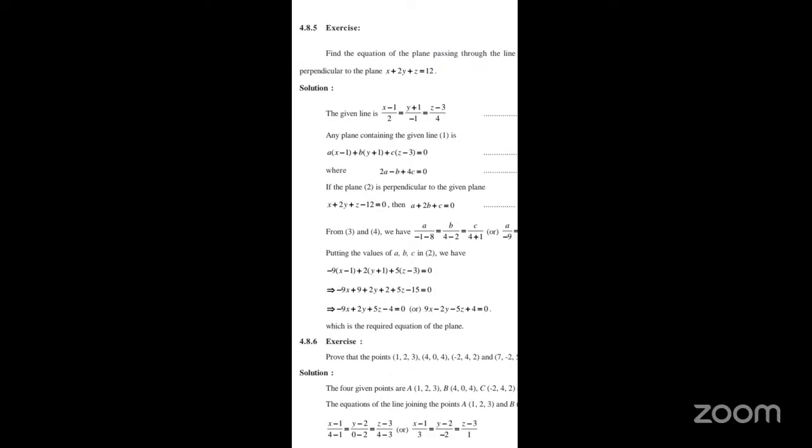And the last one, as an essay question, 4.8.5: a line is perpendicular to the plane. One of the important ones, there are 4 points given. Now these points are collinear.